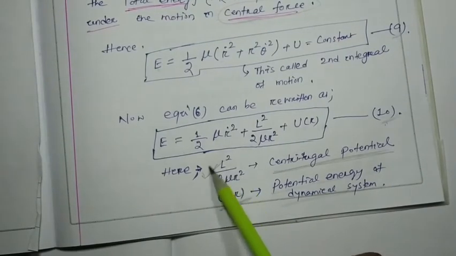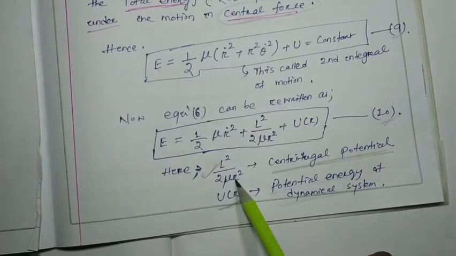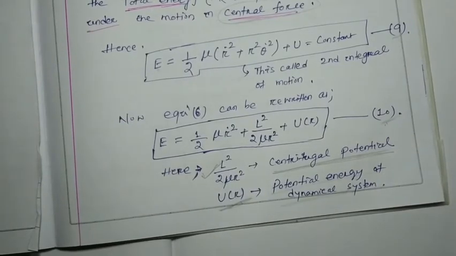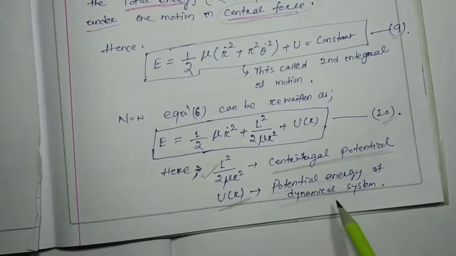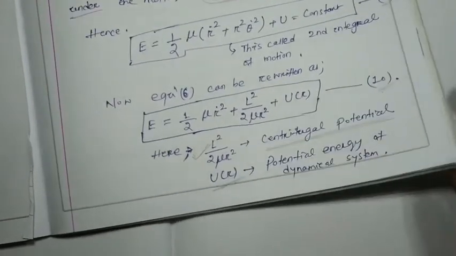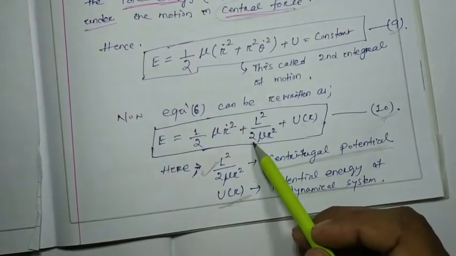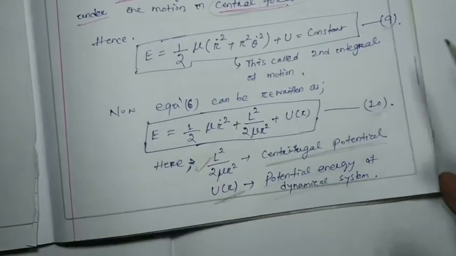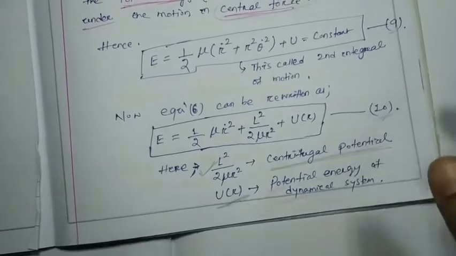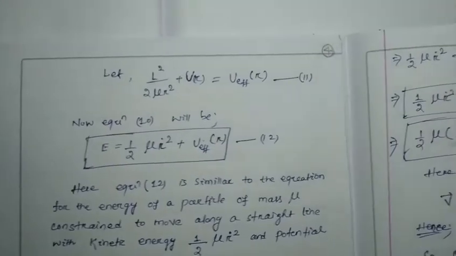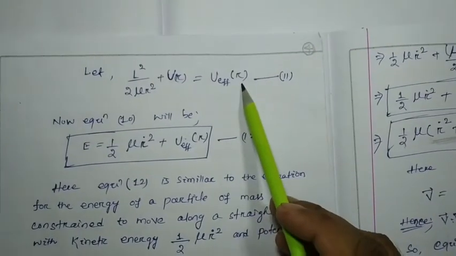So this is due to centrifugal force, and this is the potential energy of the dynamical system. Now let L square by 2 mu r square plus u(r) collectively be called u effective(r). Let it be equation number 11.